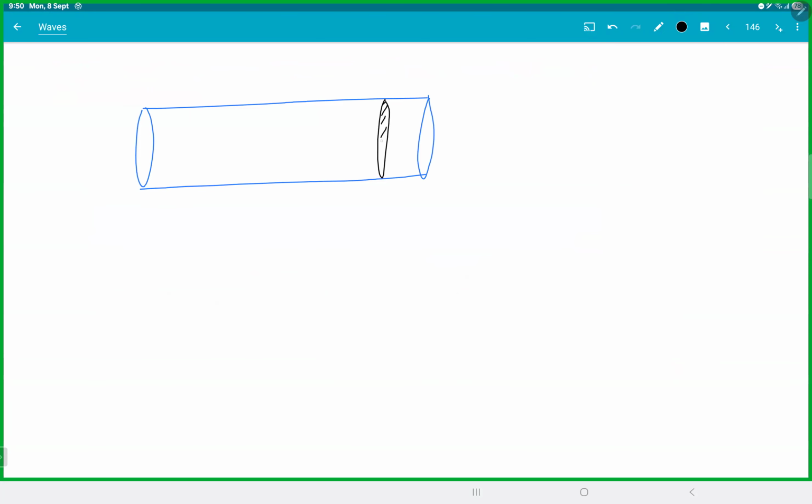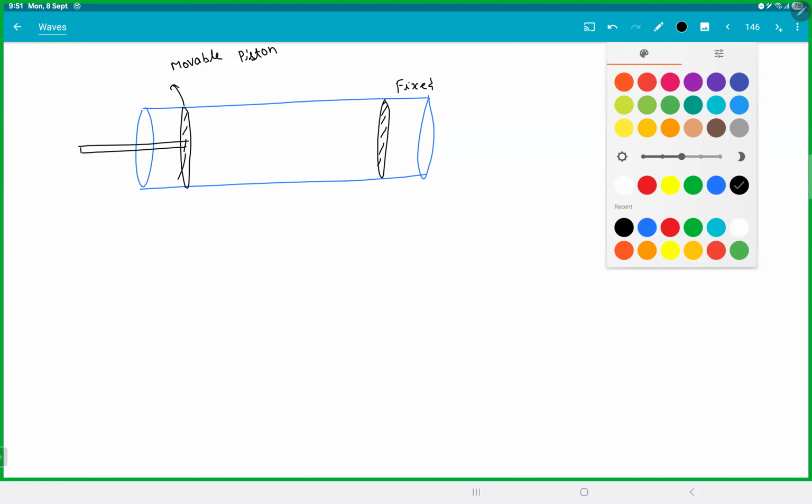Let's say this is fixed. This is a movable piston through which you can change the length. Then what you do, you put some powder inside.